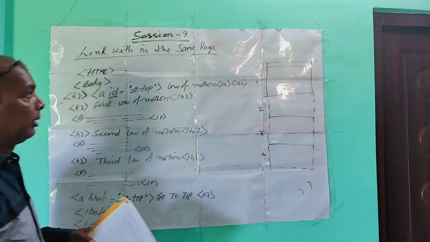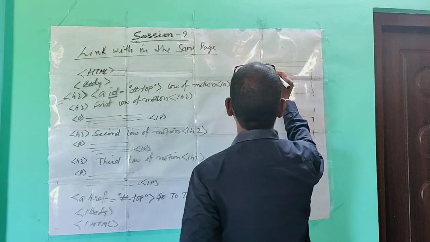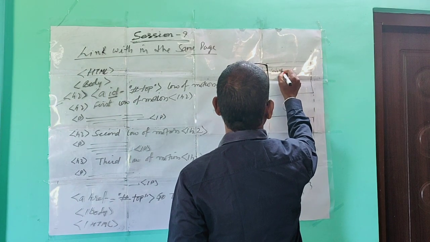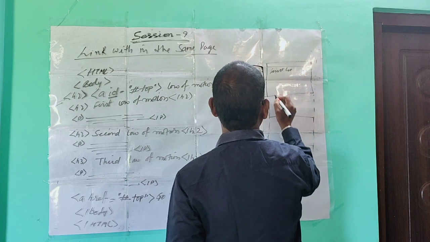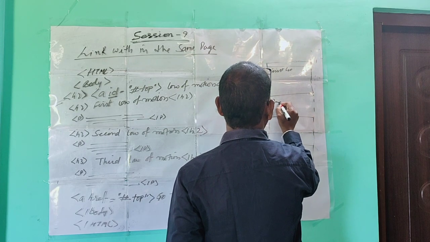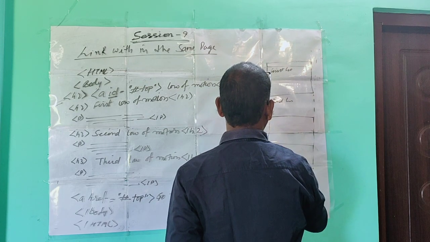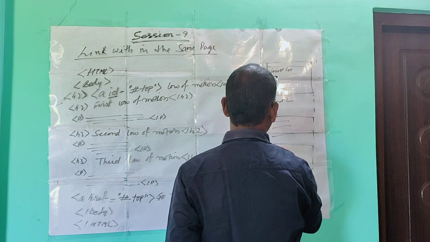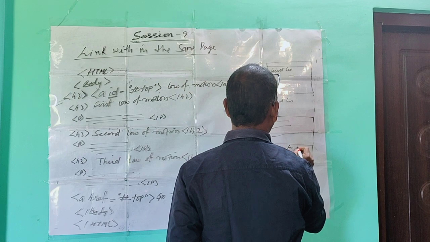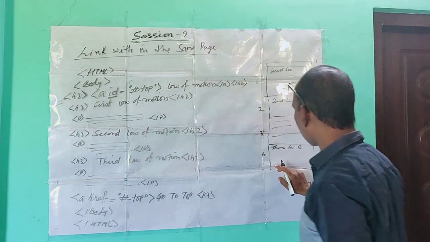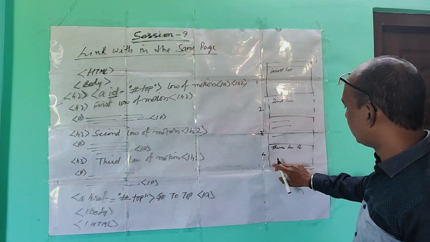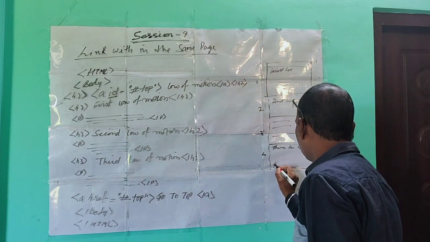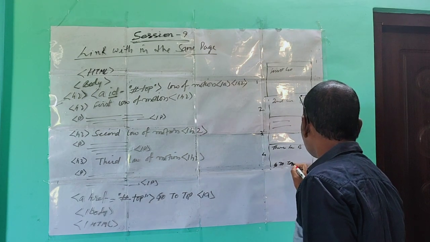If you see the screen, here it displays the first law of motion, then the second law of motion, you see text is there, the third law of motion, and here at the bottom of the page, the fourth page, we get one link, that is go to top.